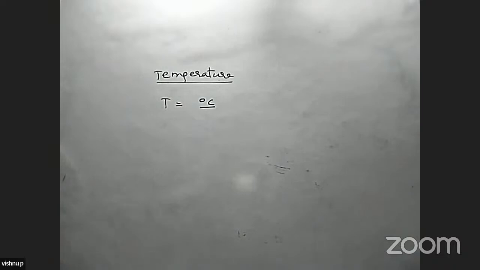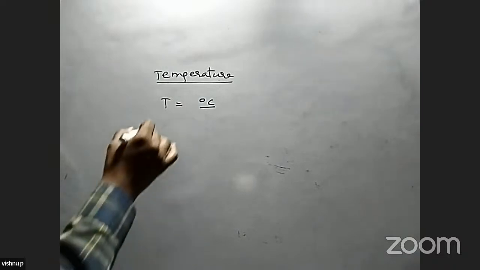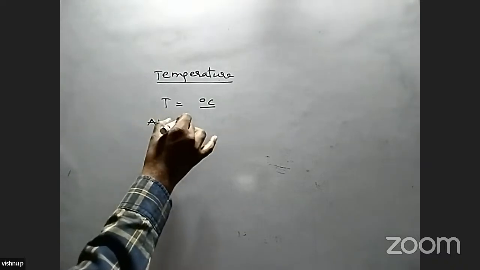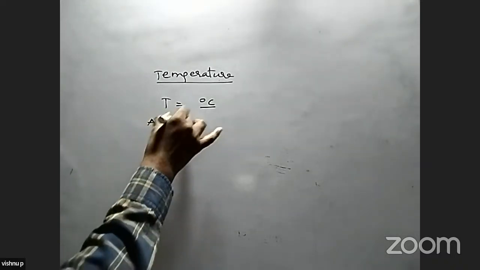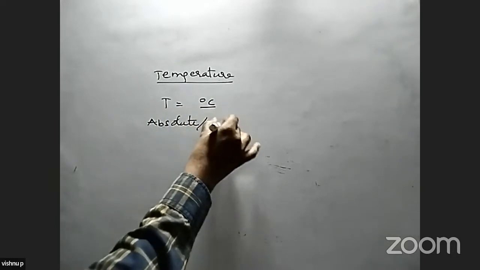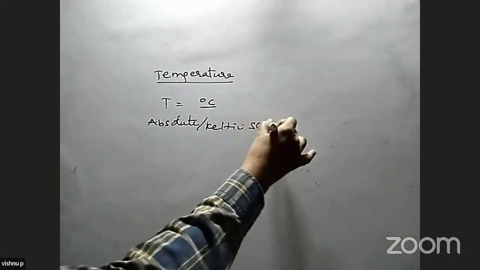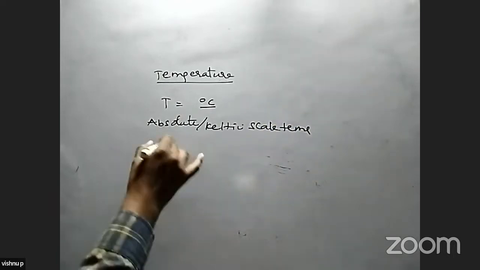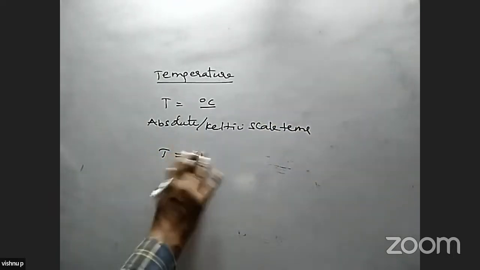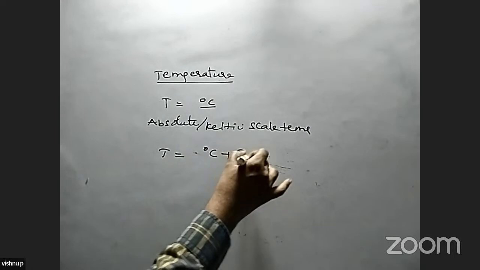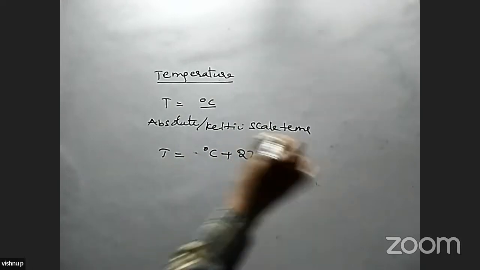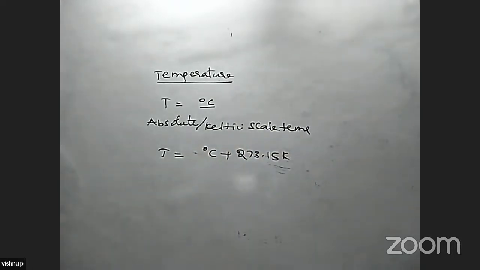The other is the absolute scale, the Kelvin scale. According to the Kelvin scale, temperature in Kelvin is equal to degrees Celsius plus 273.15. We can use either the Celsius scale or the Kelvin scale.